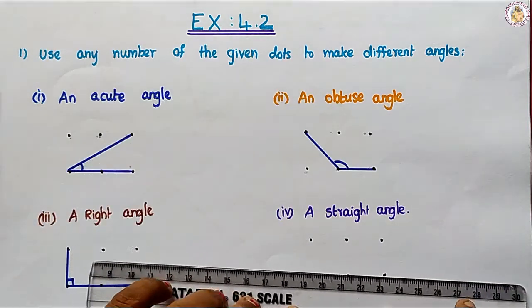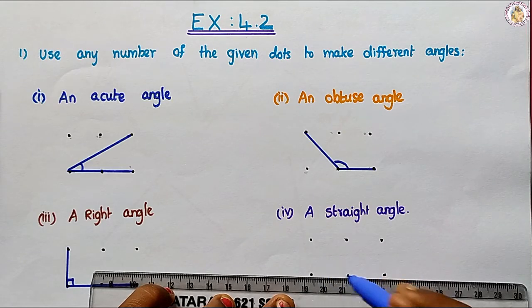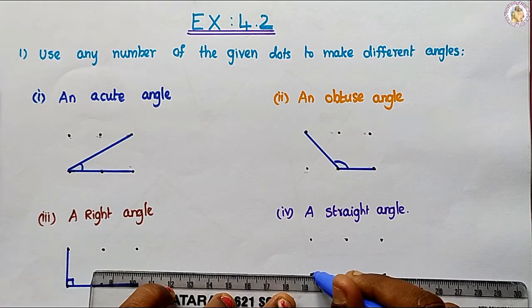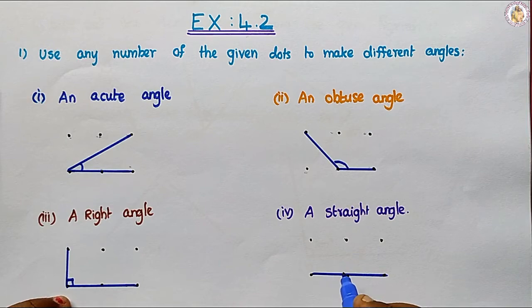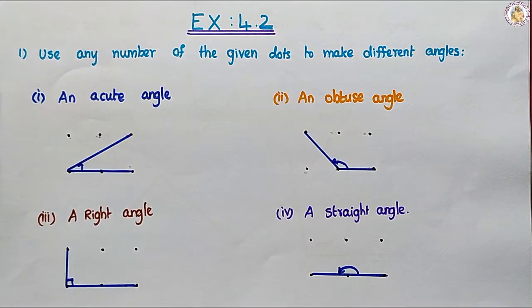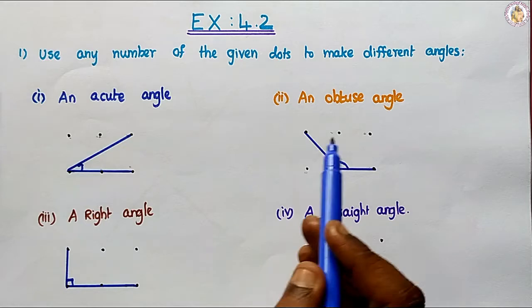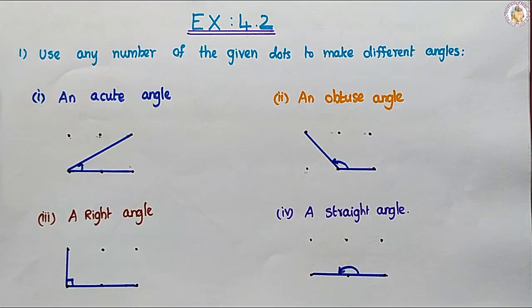Last one, straight angle. A straight angle measures how much? 180 degree. Below 90 means acute angle, above 90 obtuse angle, exactly 90 degree right angle, 180 degree straight angle.